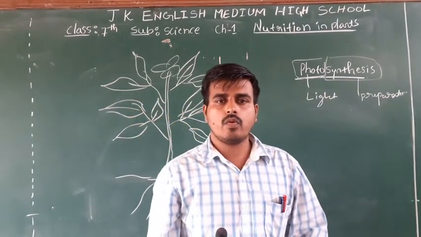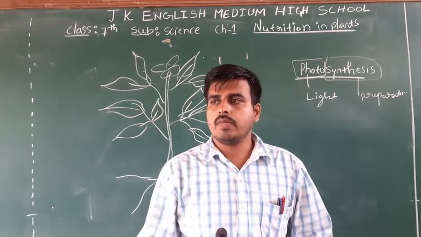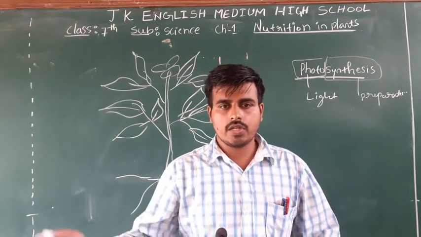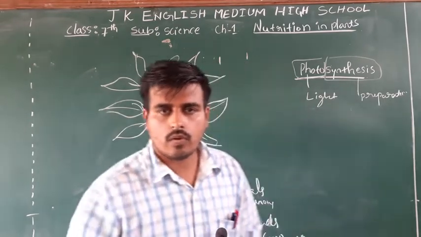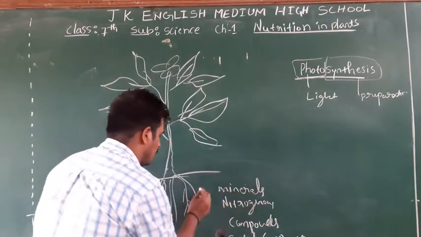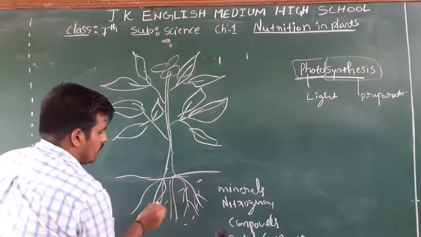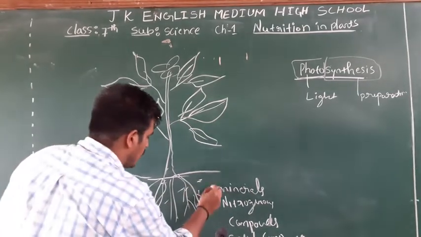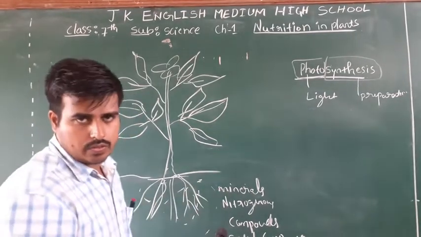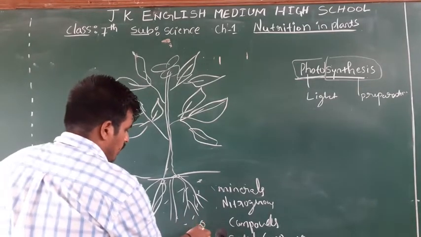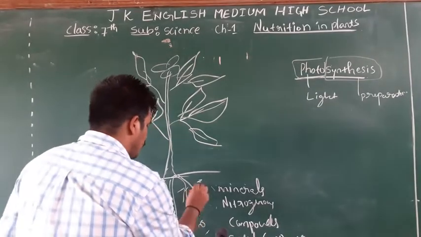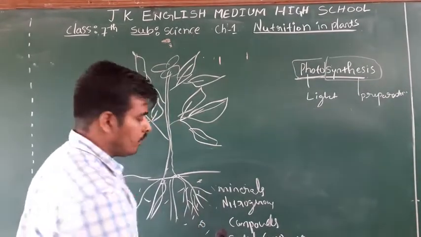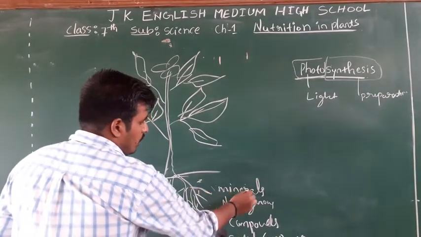Therefore whenever we pour some water to the roots, usually the plant flourishes. It grows very fast, rapidly, because water dissolves the minerals which are present in the soil. And after dissolution of these minerals and nitrogenous compounds in soil, the roots will absorb the minerals.